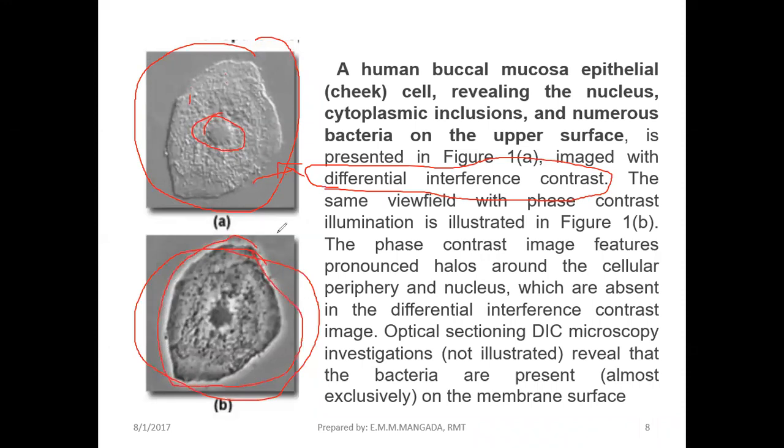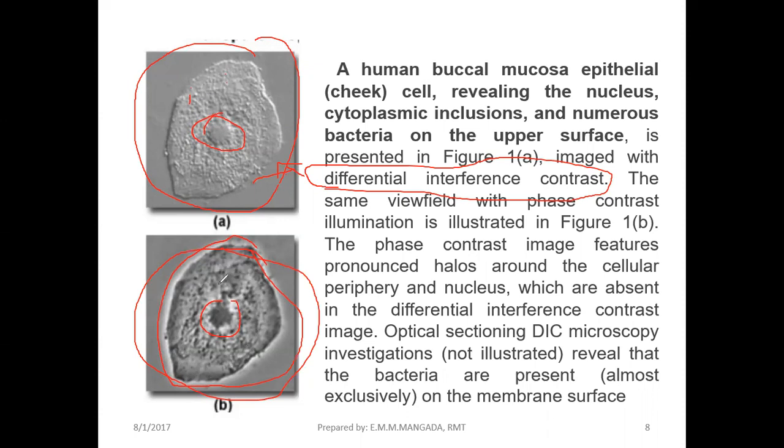That's the halo, and it is not only in the periphery of the cytoplasm, but also in the periphery of our nucleus. These halos are not present in your differential interference. There is no halo appearance, but we appreciate the bulge of the nucleus and the granularity of our surface that we do not appreciate in our phase contrast.